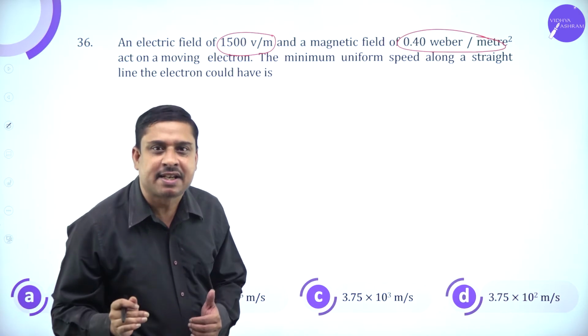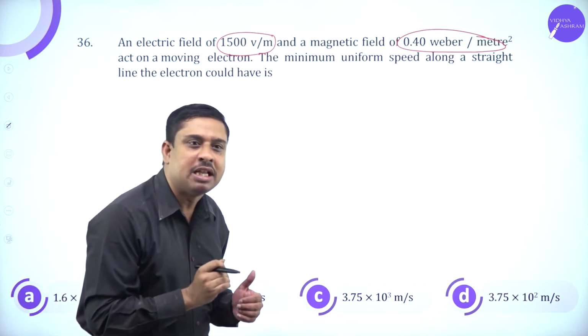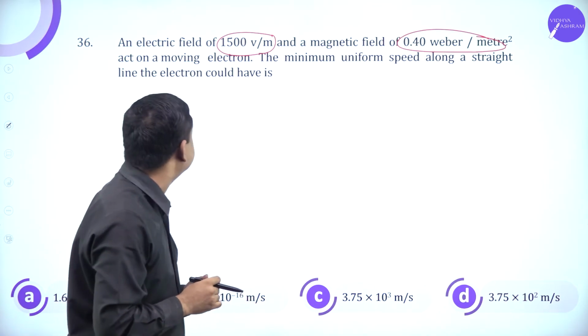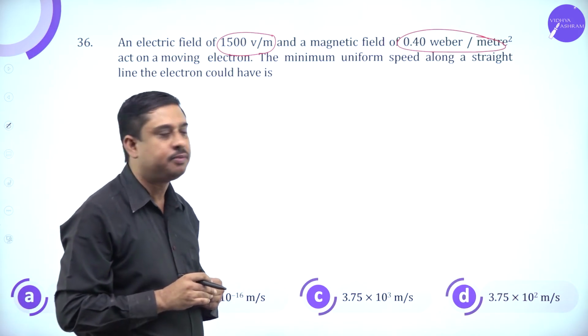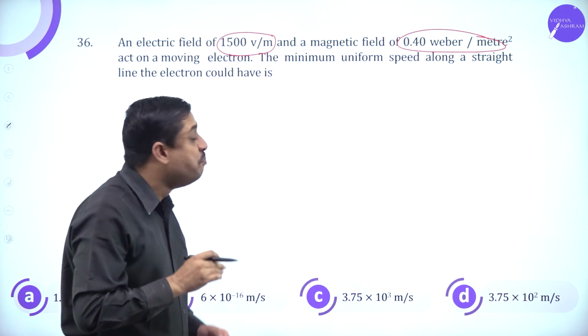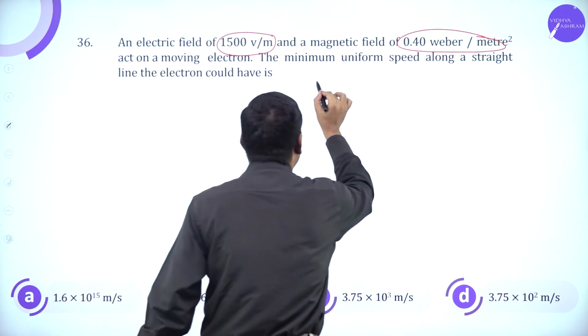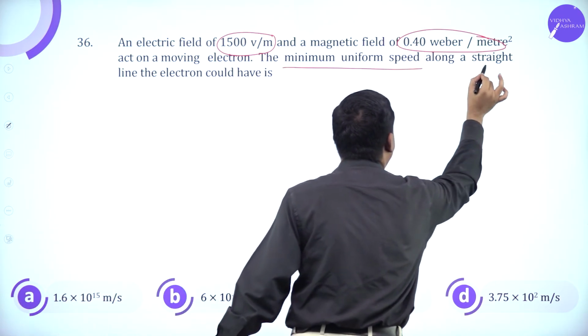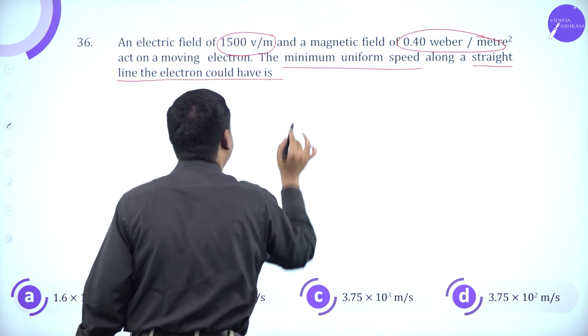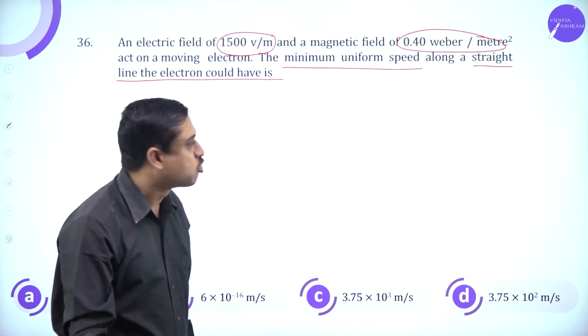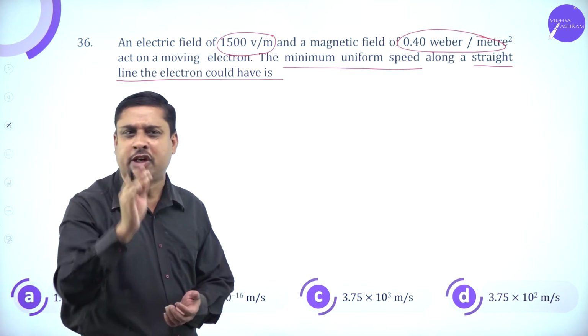Strength of the electric field is given. Strength of the magnetic field is given. They act on a moving electron. The minimum uniform speed along a straight line the electron can have is a beautiful concept.